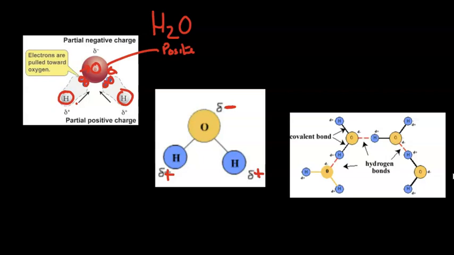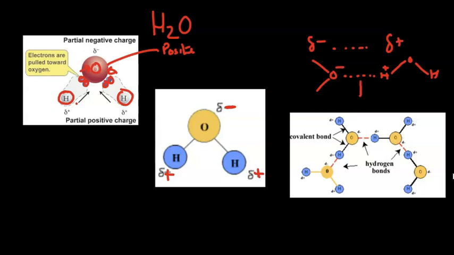Now, a hydrogen bond is an attraction between the negative and the positive dipole in different water molecules. And so, for instance, a quick sketch would show the oxygen being attracted through what is called a hydrogen bond to another molecule like this, to the positive dipole on the hydrogen, the negative dipole on the oxygen.